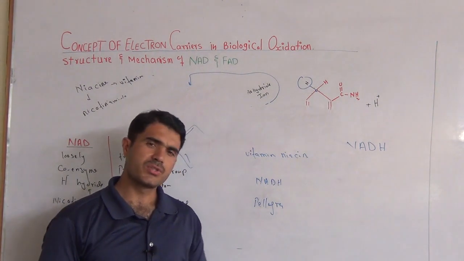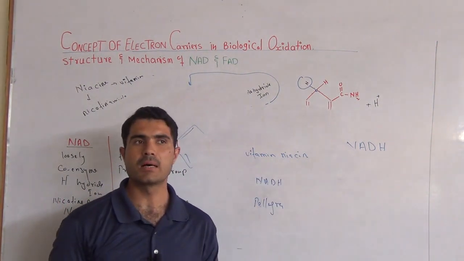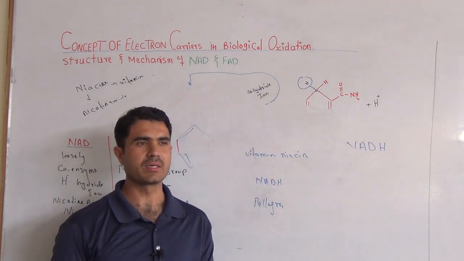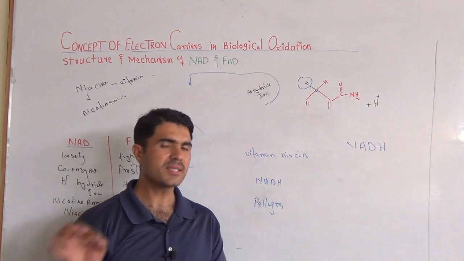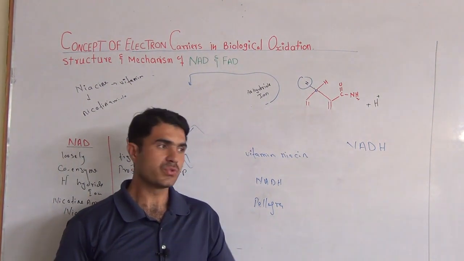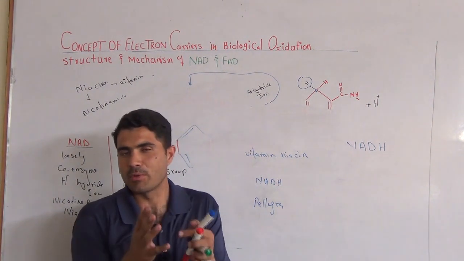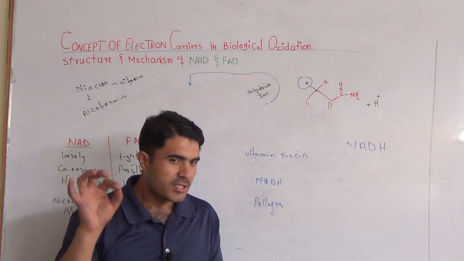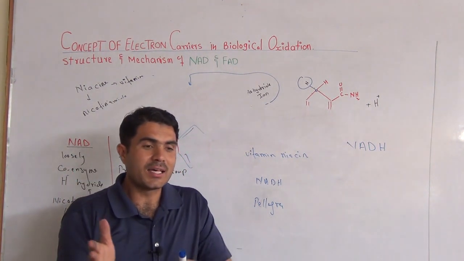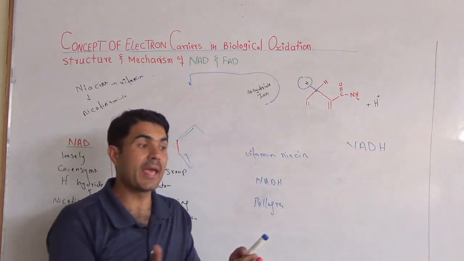There was also a question, the role of vitamins in metabolism. Most of the students think, what is the relation between vitamin and metabolism? Vitamins, which we know are required in very small amounts for the body, for normal growth and development of the body. Some of the vitamins are the friends of enzymes, the partners of enzymes. They help enzymes.